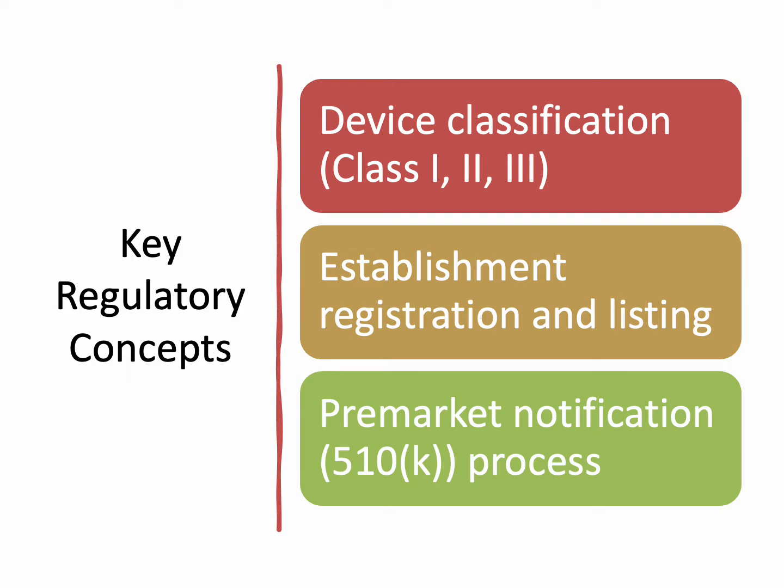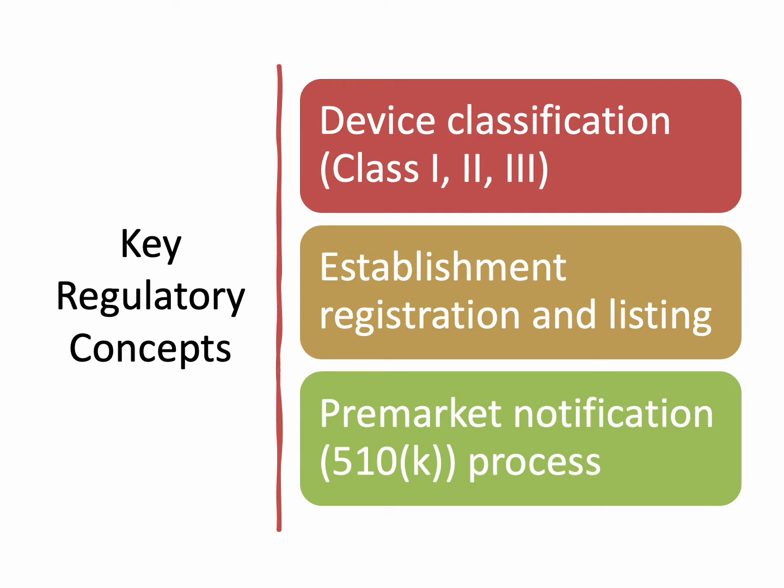Device classification categorizes devices into Class I, minimal risk, e.g., bandages, Class II, moderate risk, e.g., infusion pumps, and Class III, high risk, e.g., pacemakers, with increasing regulatory scrutiny.